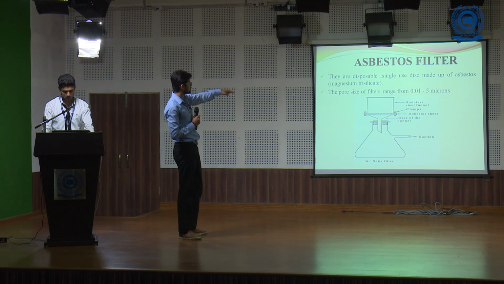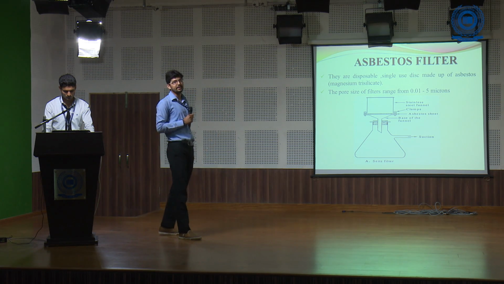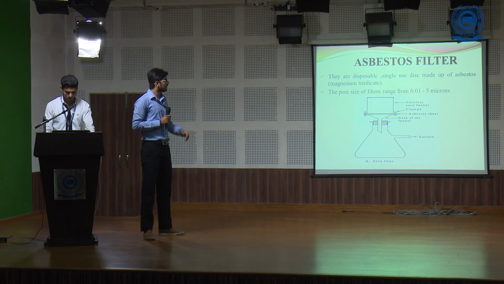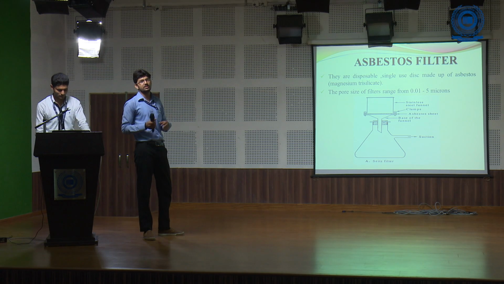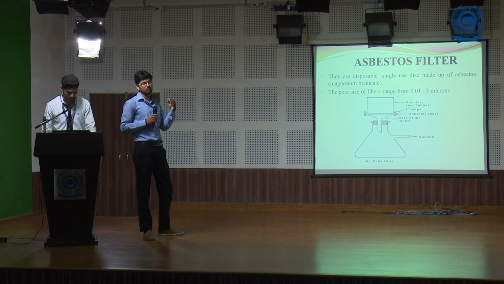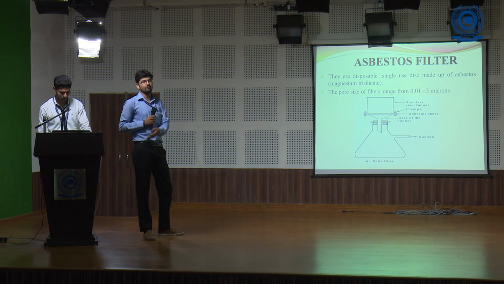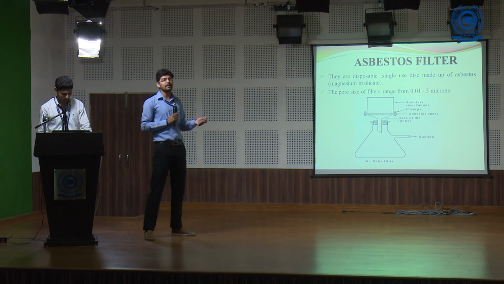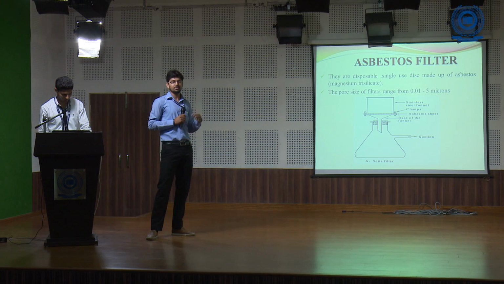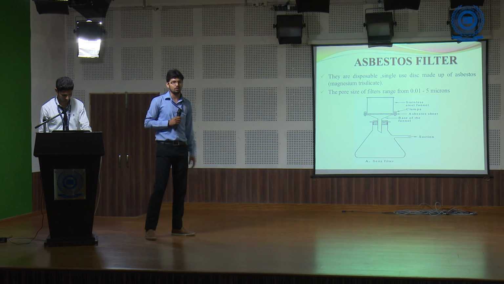We attach the asbestos filter on the funnel, pass the solution that we want to be filtered, and collect the filtrate and the filtrant. This is used in sewage plants for the purification of water, and in oil industries for the purification of oils.